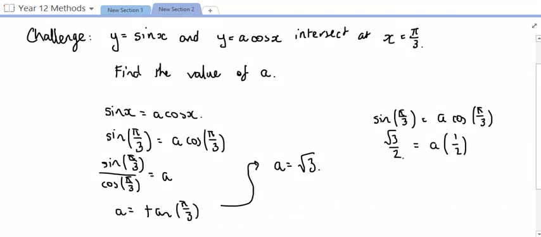So we can see that it's got the over 2 part here. It's just that this here should actually be a root 3, so we need to multiply it by root 3 here. That means that a equals root 3. Again, arriving at the same solution. Or alternatively, you could have just multiplied this here by 2, and that would have given you the same solution as well. Anyway, I'll leave it there.